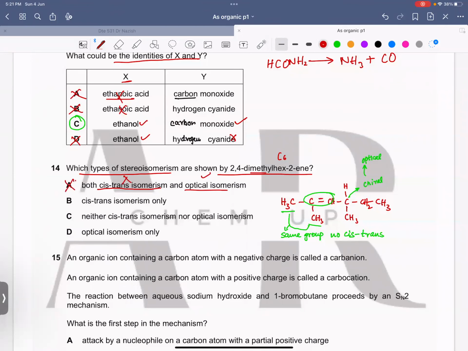So A is a wrong statement, cis-trans isomerism only. B is wrong, neither cis-trans nor optical isomerism. Both cis-trans and optical is wrong too. C, optical isomerism only, is the correct answer. Is this clear to everyone?